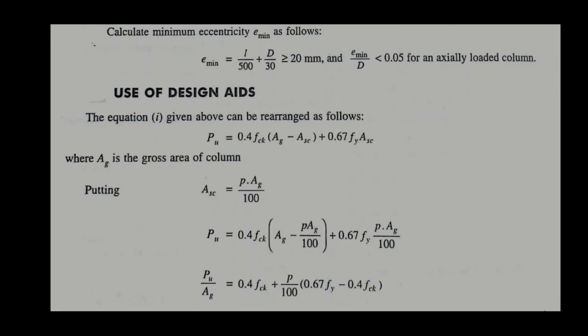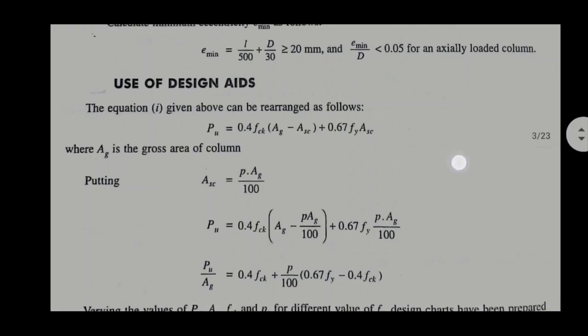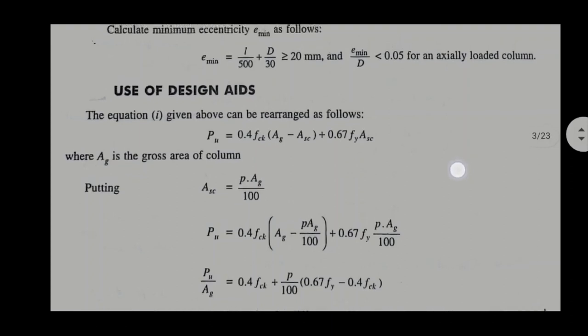So, Pu by Ag is equal to 0.4 fck plus p by 100 within bracket 0.67 fy minus 0.4 fck. So, we can rearrange like this.